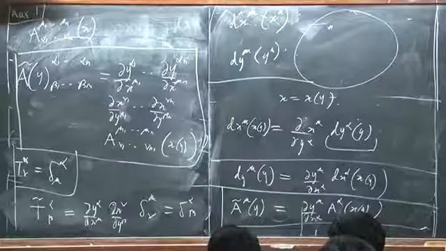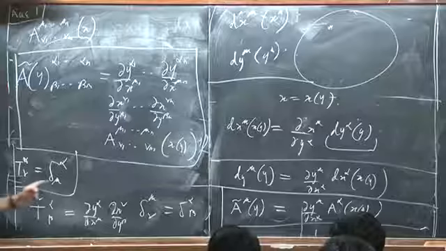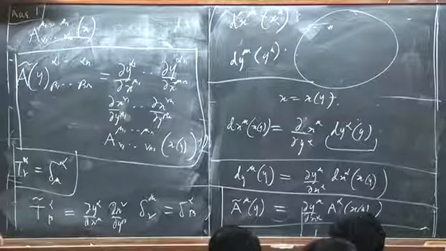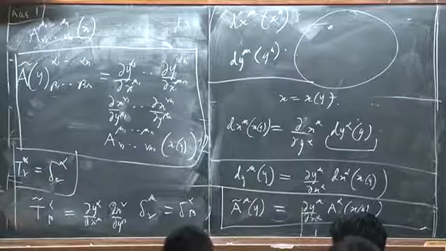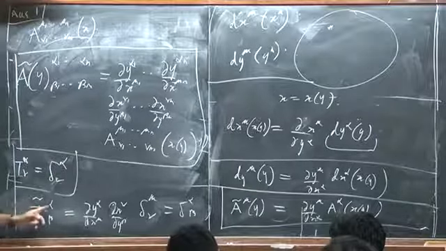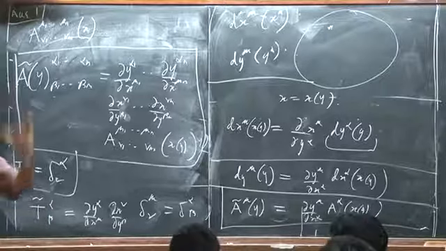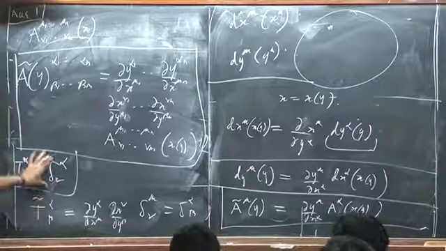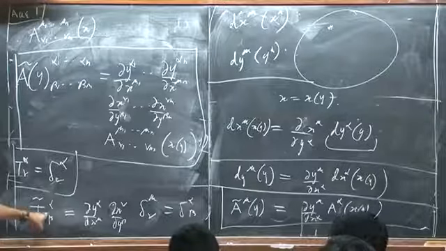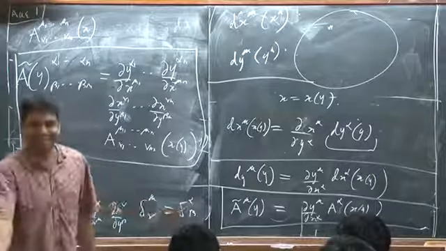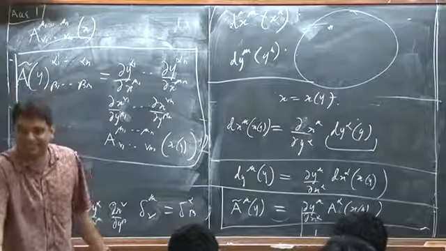So, if your friend takes your tensor field and applies the transformation rule onto it, he gets a tensor field which has the same rule in his coordinate system.